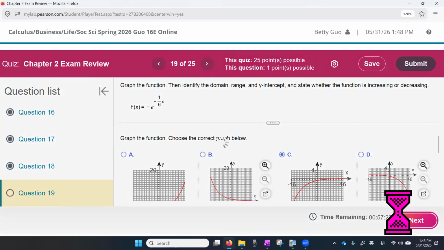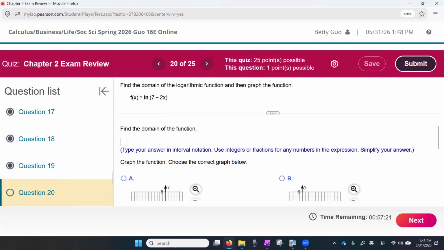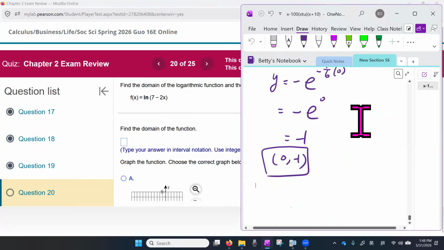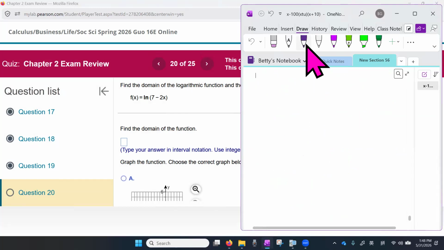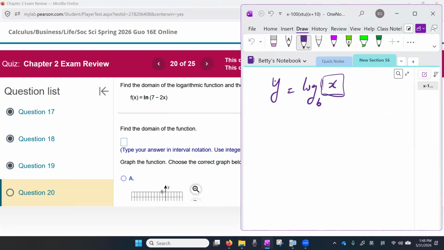Okay, next. Question number 20. Domain of the function. For a logarithmic function, y equals log with base b of x, this part is called the argument.